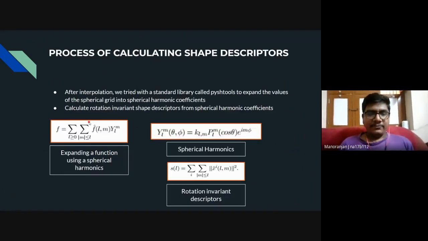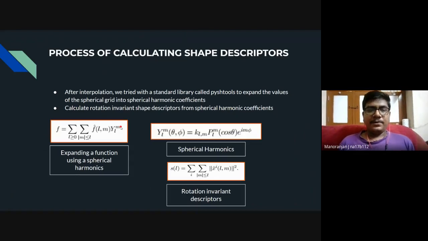I have the formula for this as well. This f is nothing but the value of x, y, and z in the original object, so f represents x or y or z. We'll have 3 equations in total, and Y_lm is nothing but the spherical harmonics.